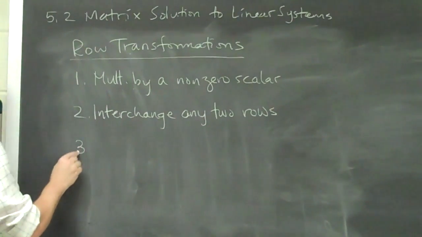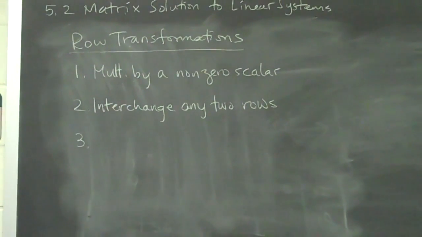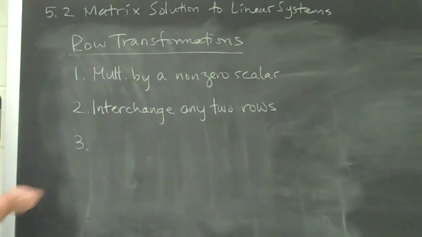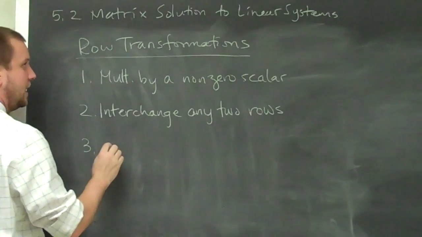Okay? And the third one is the one that we use most of the time. It's like the one that really feels like something tricky arithmetic is happening. Okay? Is I may substitute, how do you say this?